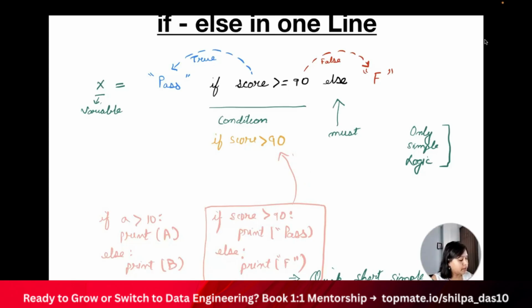Now, if this condition is true, then I'll go ahead and print pass. So I will write it before my condition. Now I'll write pass. If this condition is true, then I will write this pass. So this is my condition and this is my output if the condition is true.